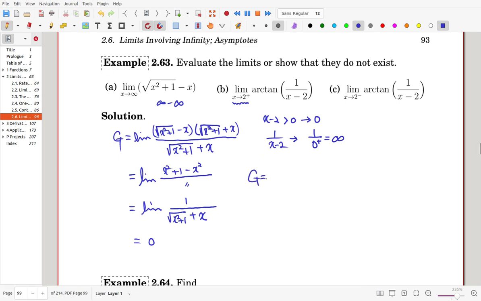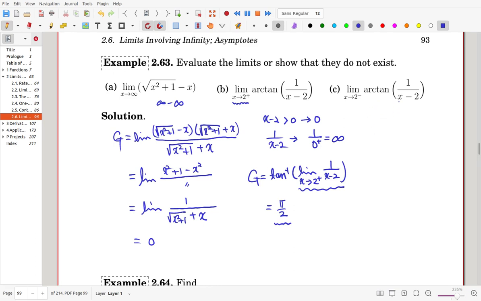The given term is the limit of arctangent as the argument becomes larger and larger, approaching infinity. Tangent increases to infinity when the angle approaches pi over 2, so the answer must be pi over 2.